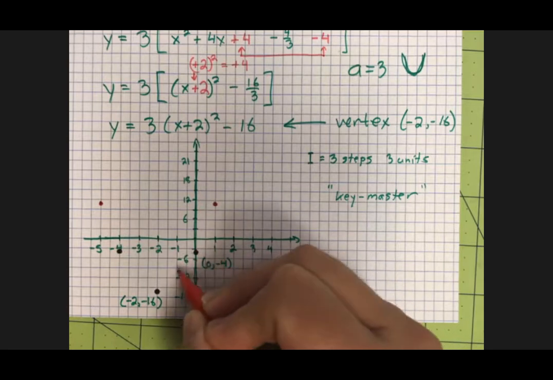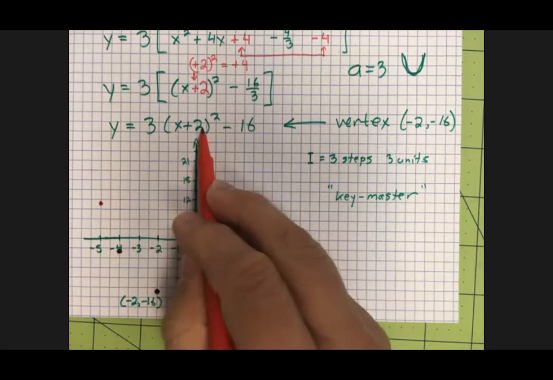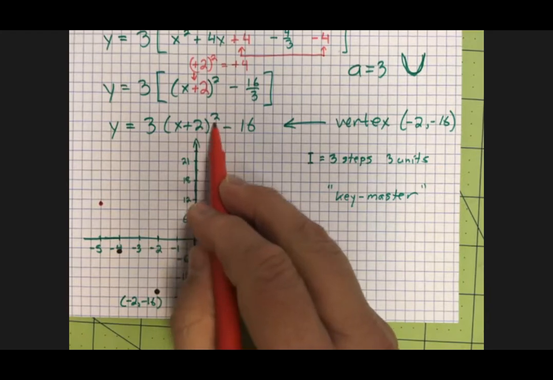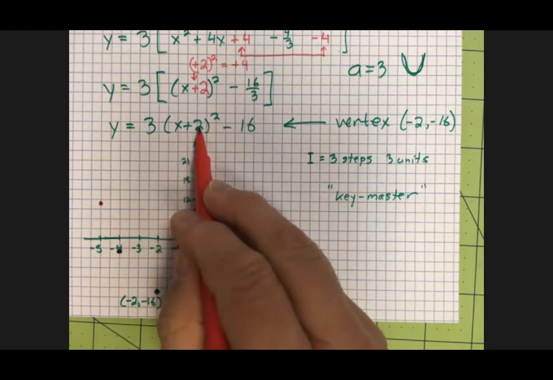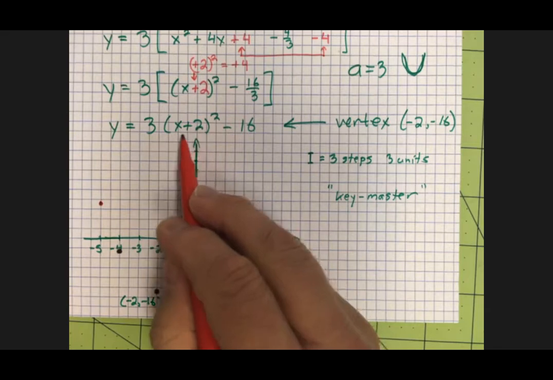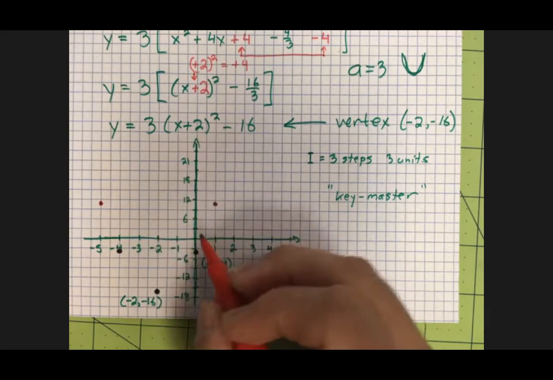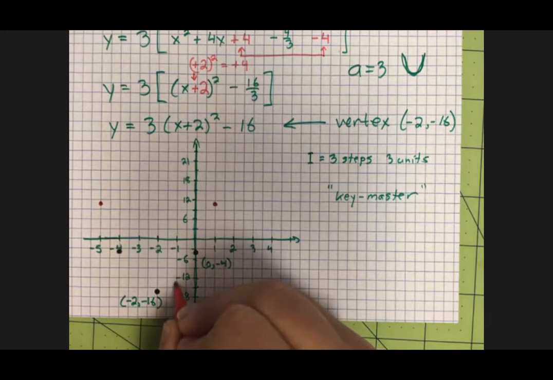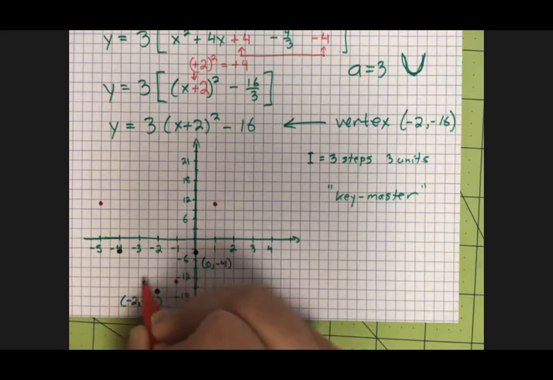Let's try -1. -1 plus 2, just mind your signs, is 1. 1 squared is 1. 3 times 1 is 3. 3 minus 16 is -13. That would be 1/3 of a box below -12.